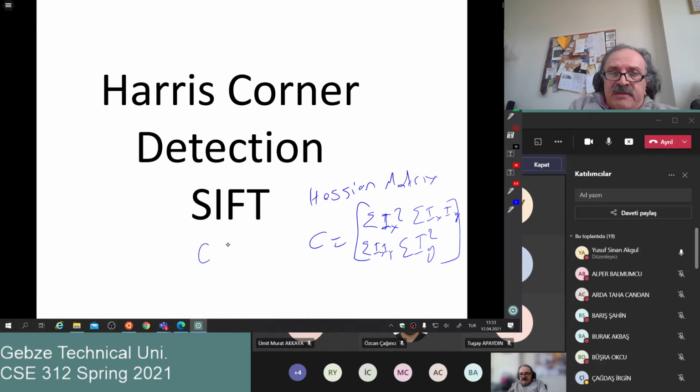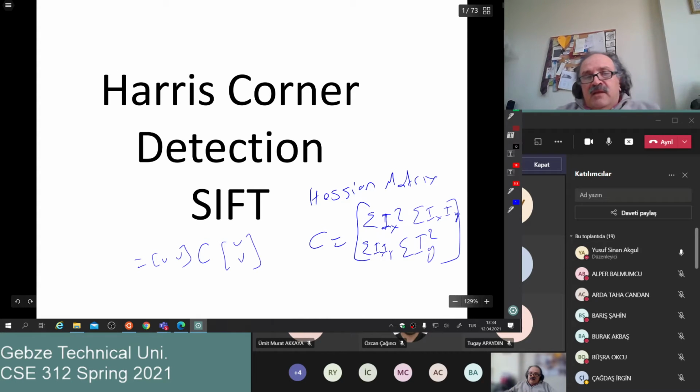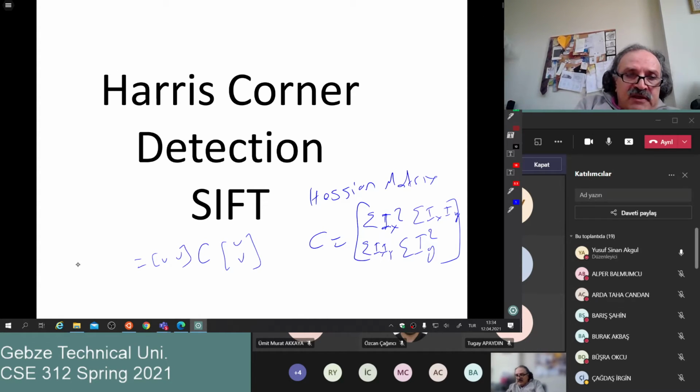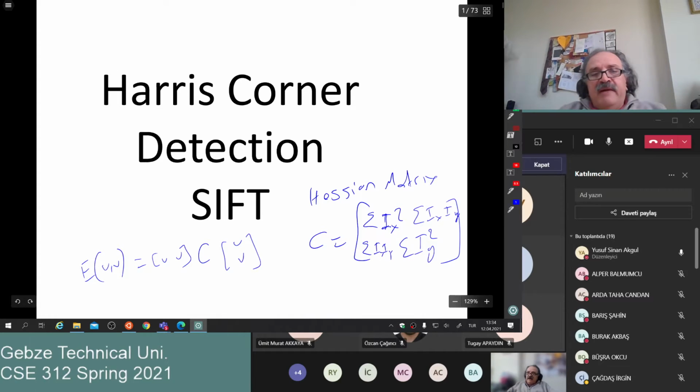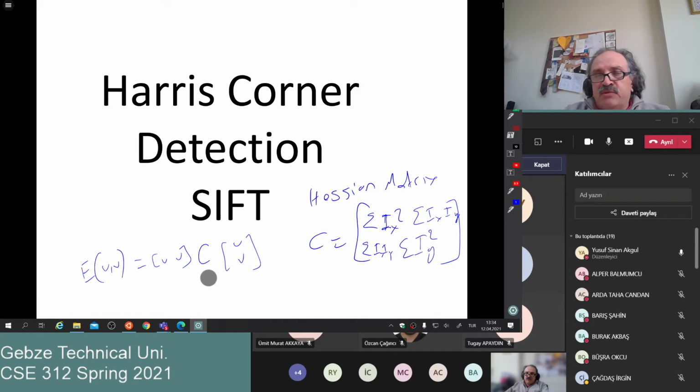Then we said that I should multiply this one with uv, and then uv, and this is our E(u,v) formula. We said that this matrix C is independent of the uv position.